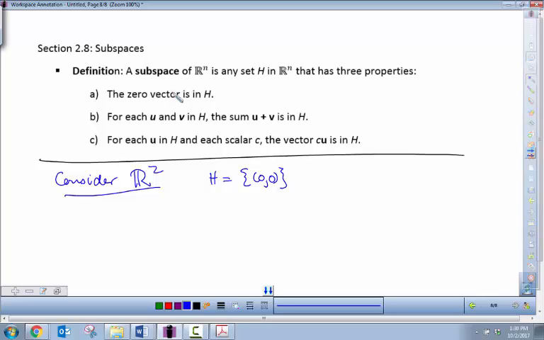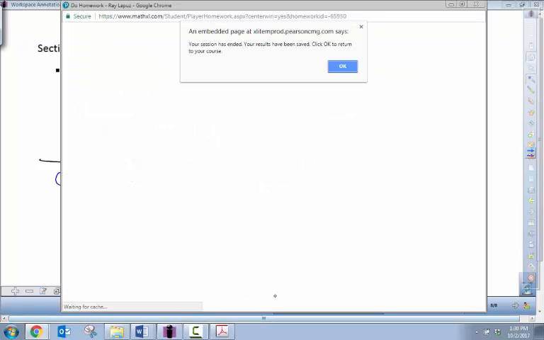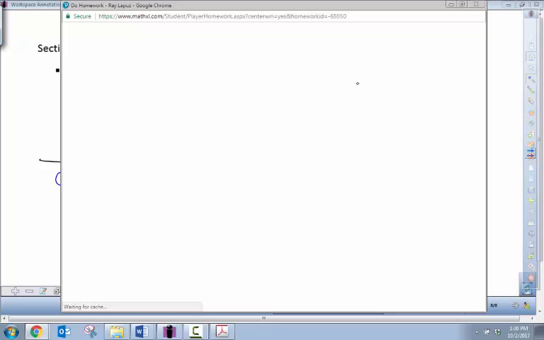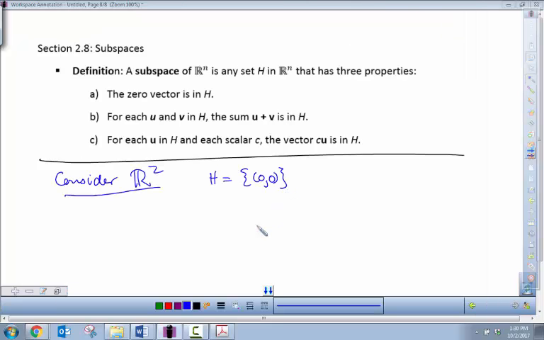It contains 0, so A is satisfied. Let's check what's going on here. So is this a subspace? We have to check for all these 3 points.